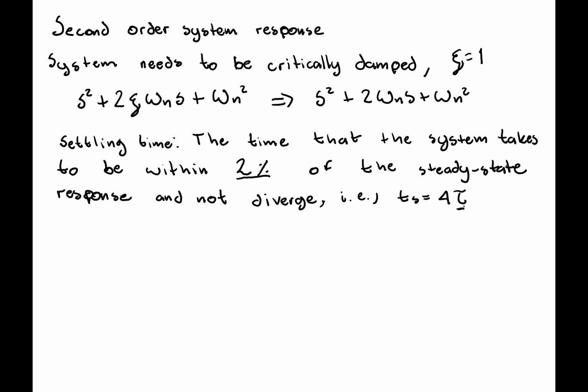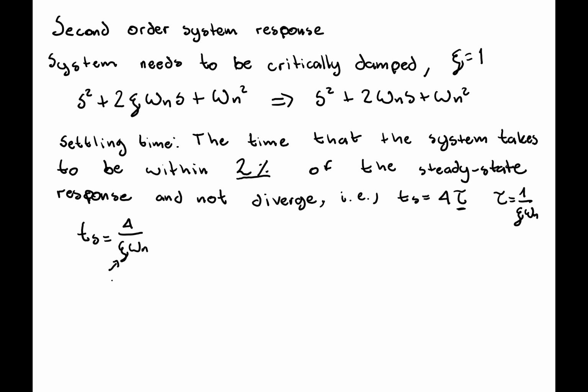And for now, you just need to know that the settling time is 4 times the time constant. But it's fairly easy to find, because the time constant is defined as 1 over the damping coefficient times the natural frequency. So if we want our settling time to be 4 times the time constant, we need to do 4 over our damping coefficient times our natural frequency.